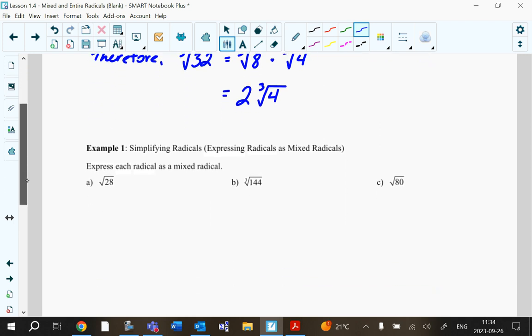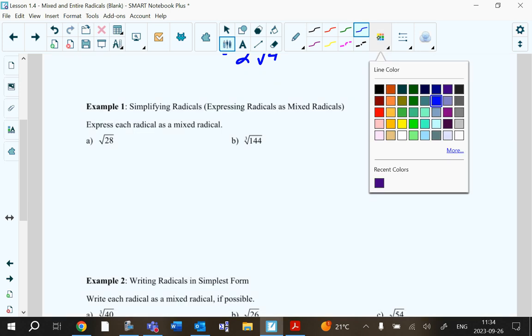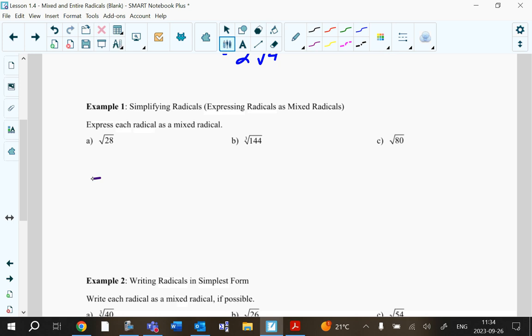Okay, so let's practice with a couple more. Square root of 28. Here's how I would look at it. I don't have to write all that stuff out. First thing I'm going to do is break it up into 2 radicals being multiplied, 2 square roots. The number under the first one has to be the highest perfect square that goes into 28, which would be?